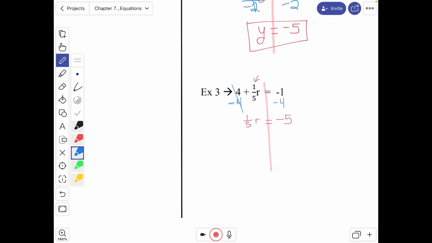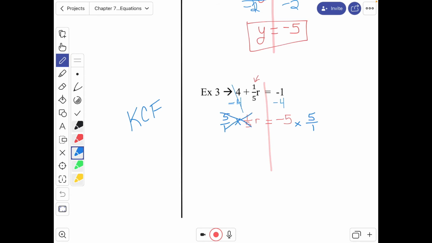But when we divide by fractions, we have to do keep, change, flip. So I'm going to change to multiplication and take the reciprocal, 5/1. So on this side, times 5/1.